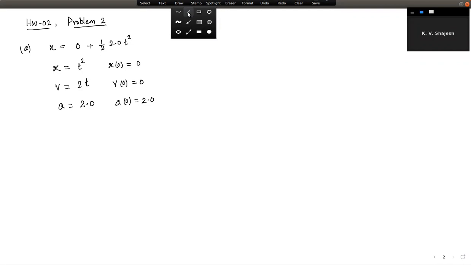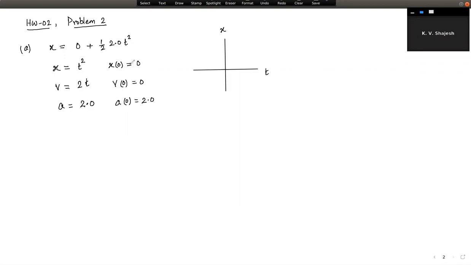So let's have a plot here. That's your axis, and let's say that's time t, and that's x as a function of time.